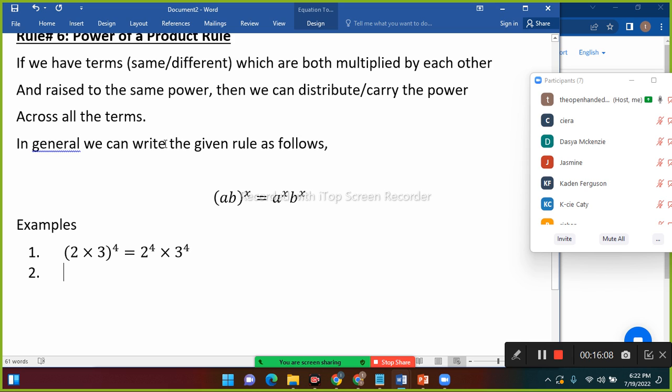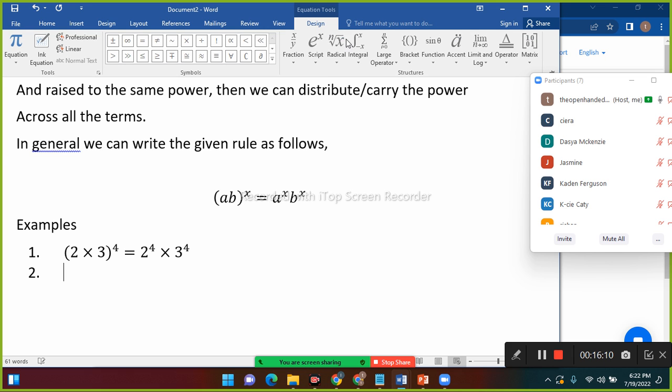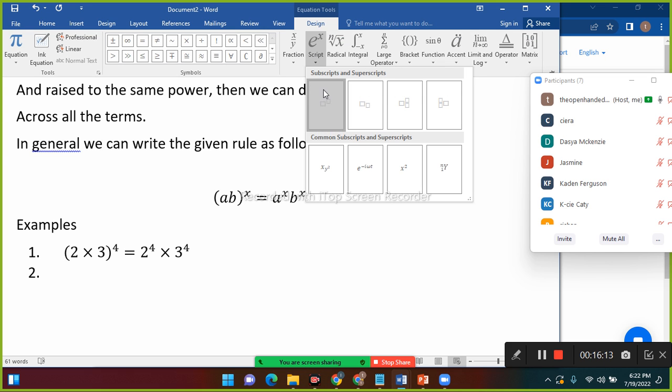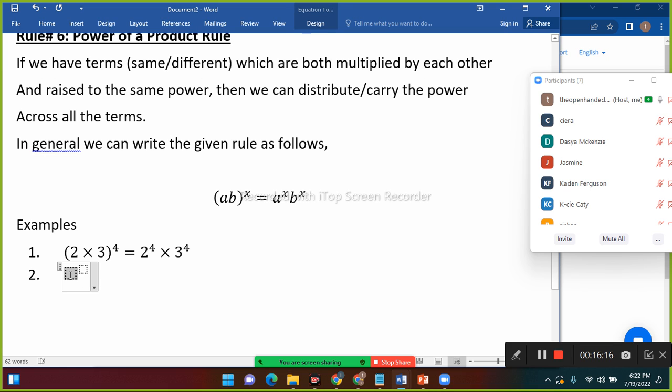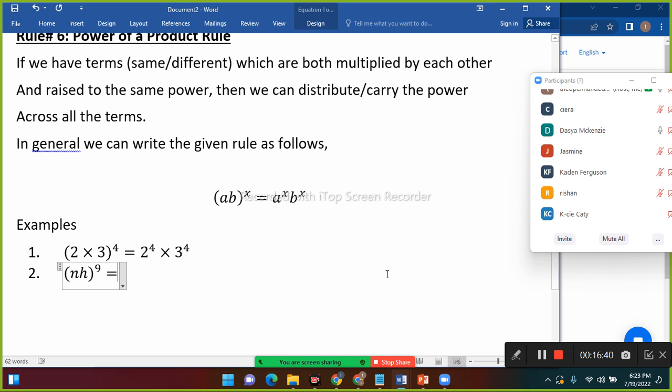Okay, so let's say we have something different. Let's say instead of numbers, we have letters. So let's say we have N H, all raised to the power of 9. What's that going to be, Deja? N to the power of 9 times H to the power of 9.